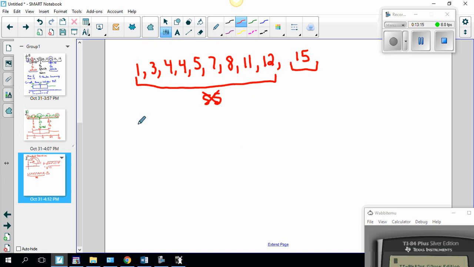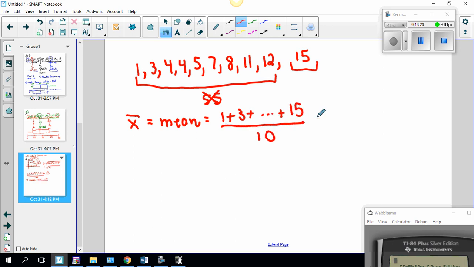So here we go. Got a question for you. What is X bar? That's known as the average, but now it's called the mean. And you go 1 plus 3 plus dot, dot, dot, plus 15 over 10, 70 over 10, 7.